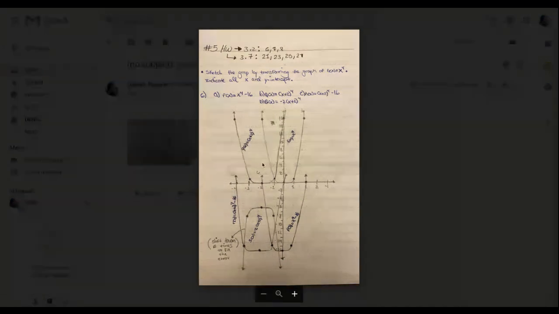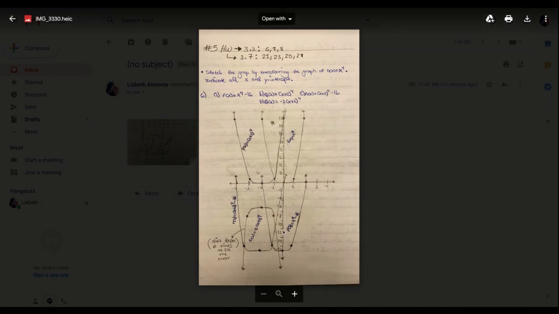Since it is to the 4th power, it is flatter than a regular parabola, so I tried to do it as well as I could. Looks good. This one is C. The x-intercepts are 0, 0 and -4, 0, and the y-intercept is 0, 0 since it doesn't touch the y line here.